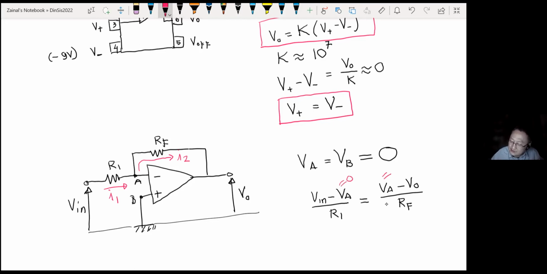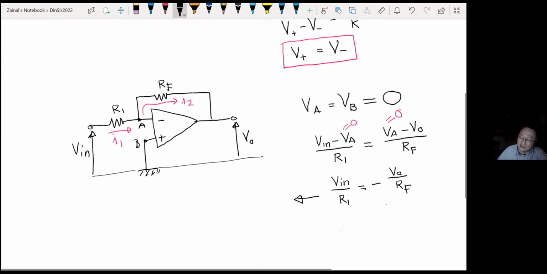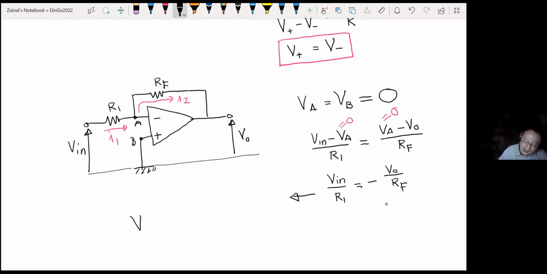So basically, Vn divided by R1 is equal to minus Vo divided by Rf. Therefore, Vo is the same as minus Rf divided by R1 multiplied by Vn.